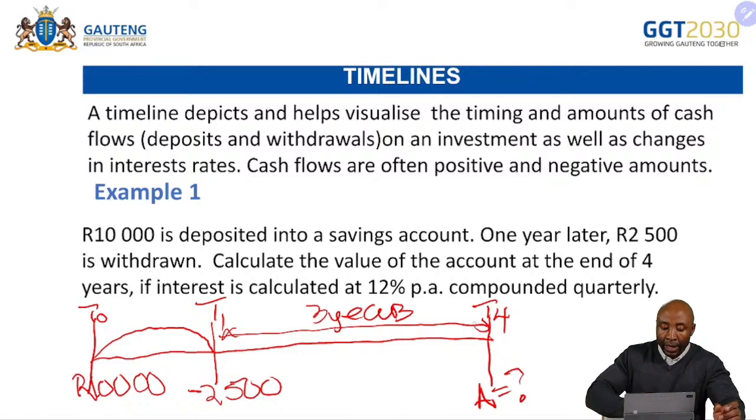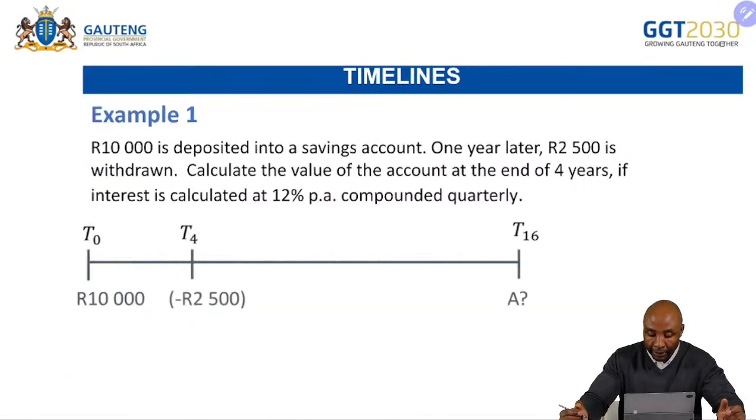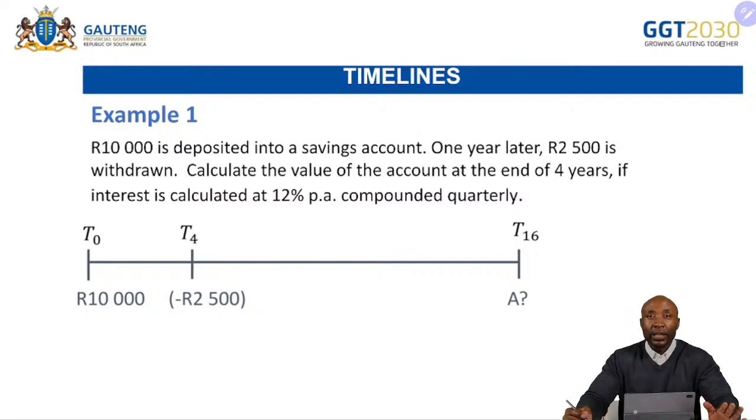Now, I've used T0 as the number of years, but remember, because it's compounded quarterly, whatever we are going to be substituting into our formula is going to change accordingly because of the compounding. So I have drawn a timeline that speaks to this question where, remember, for the first year, the interest is going to be awarded 4 times.